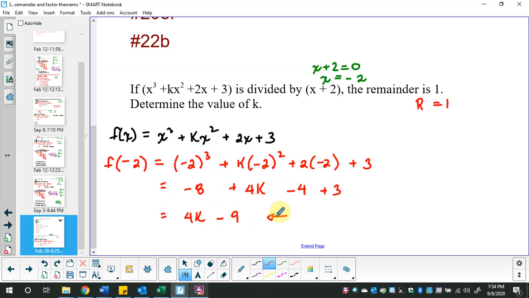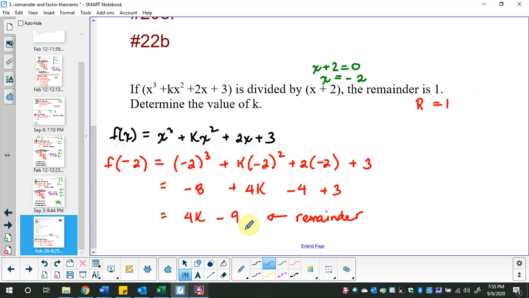So this is the remainder. Now it doesn't say anything about factors up here, so I know the remainder doesn't equal 0, but there must be some information in here that tells me what the remainder actually equals, as opposed to sort of equals. And it said here that the remainder is 1.